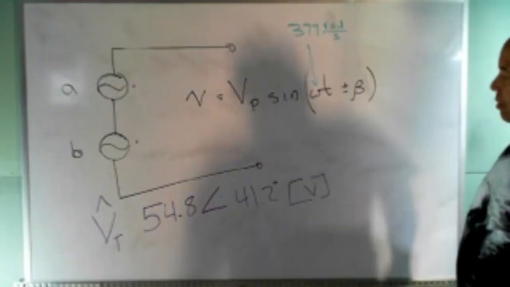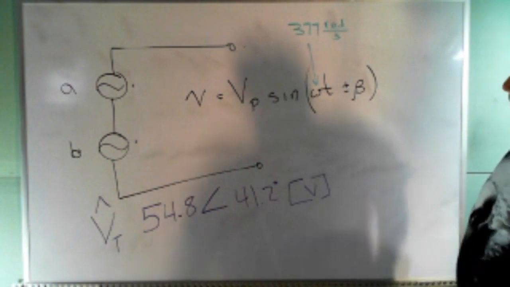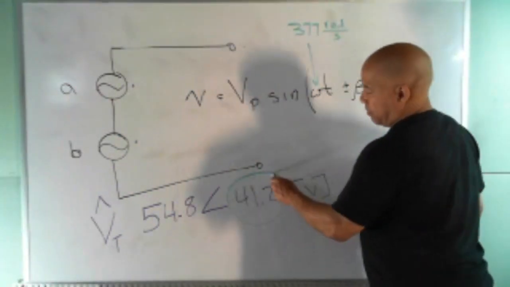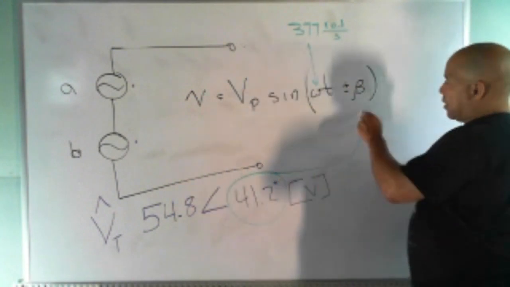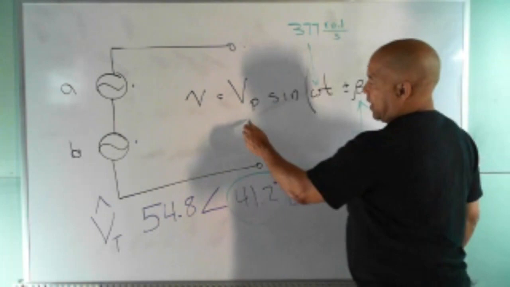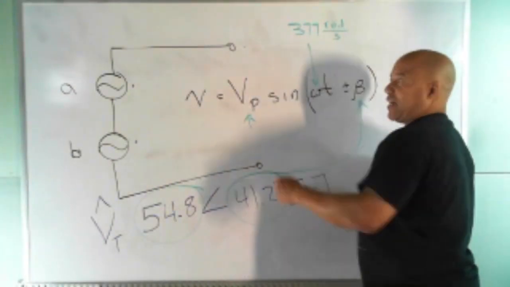What else do I need to do to get it in this form? This right here is the phase angle, right? So that goes here. And then all I got to do is get this value. But that comes from here. This is RMS, so I got to change it back to peak.